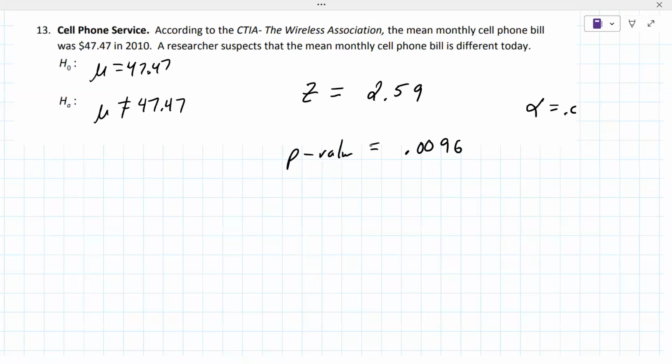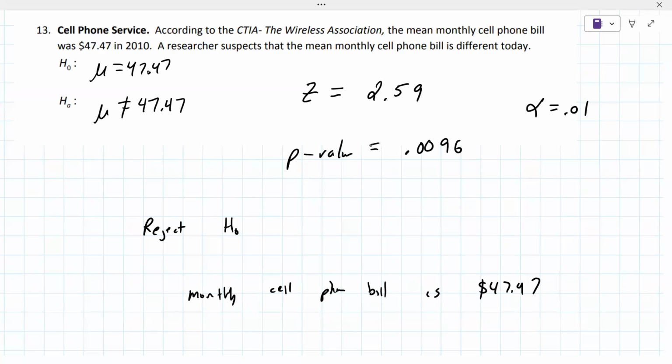Let's say the alpha is 0.01. Do you reject or fail to reject? Reject. You reject H0. And what if you later find out that the monthly cell phone bill is $47.47?